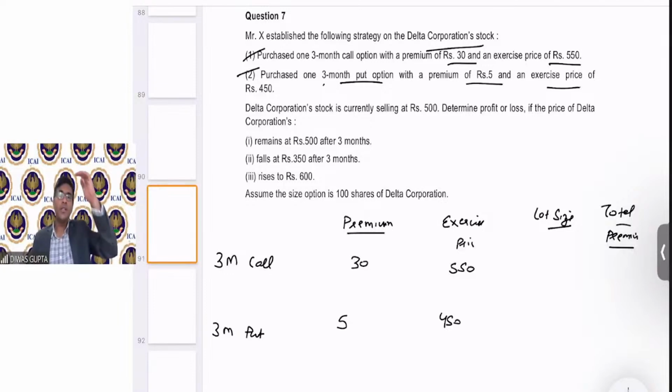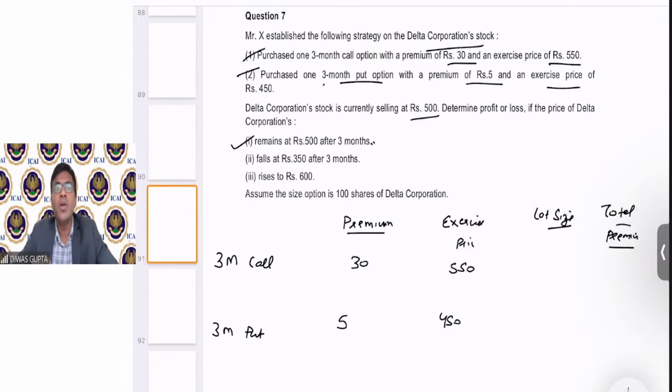So the call option is purchased at an exercise price of 550. The put option is purchased at an exercise price of 450. Delta Corp's stock is currently selling at rupees 500. So the current spot price is rupees 500. Determine the profit or loss if the price of Delta Corporation remains at 500 after 3 months.